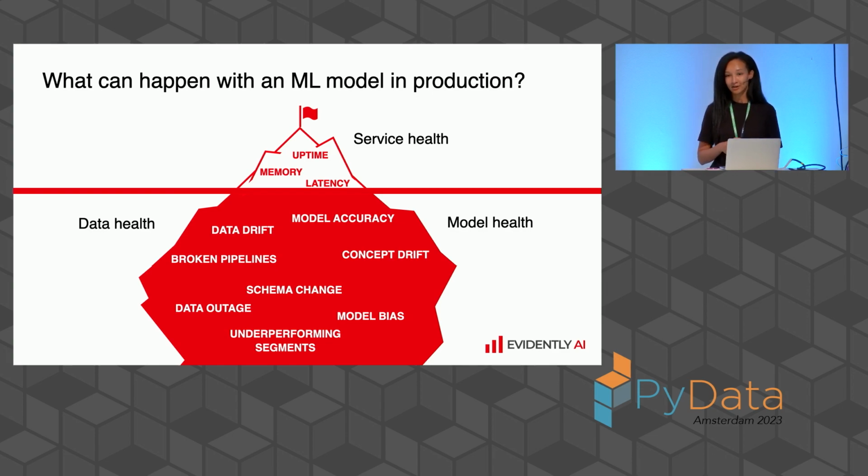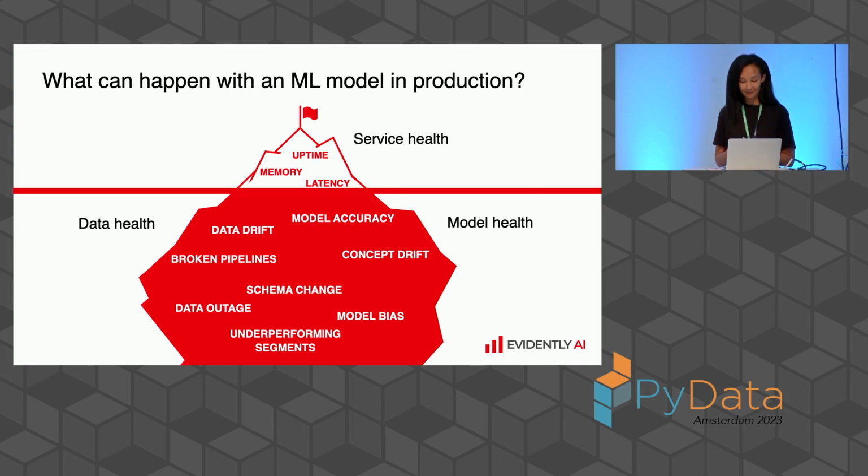Luckily, we have years of experience of having software solutions in production, so we can reuse quite a lot of monitoring architecture from standard services. There are a lot of metrics like service health, uptime, memory usage, latency, etc., which we definitely should track for our machine learning-based services as well.